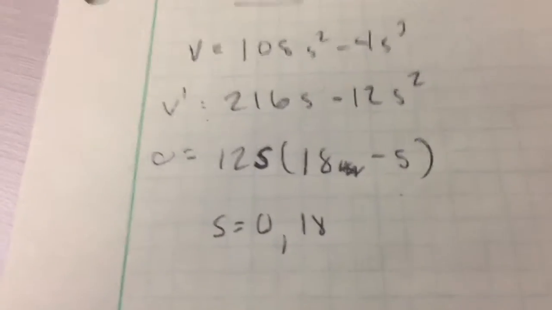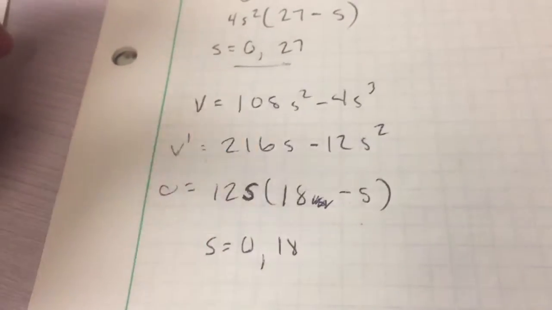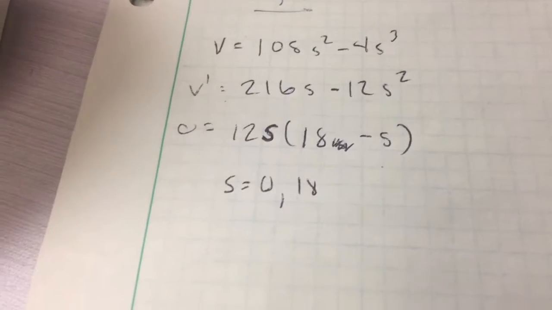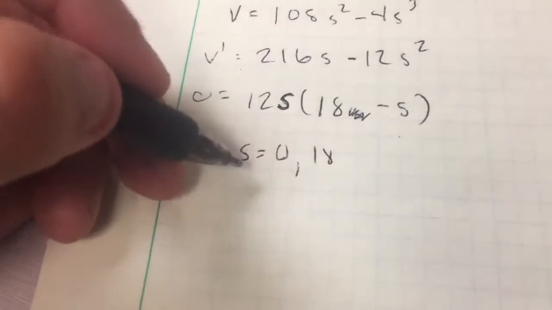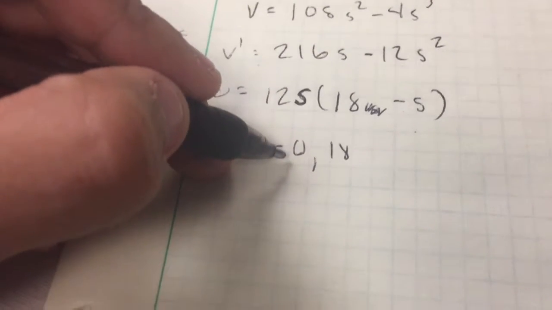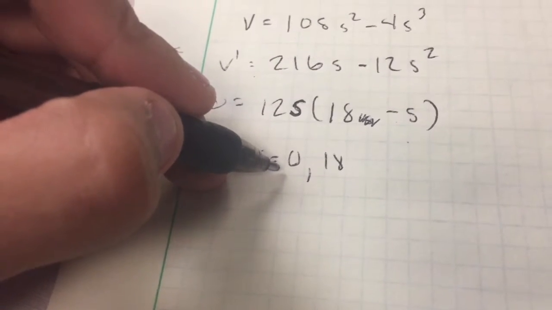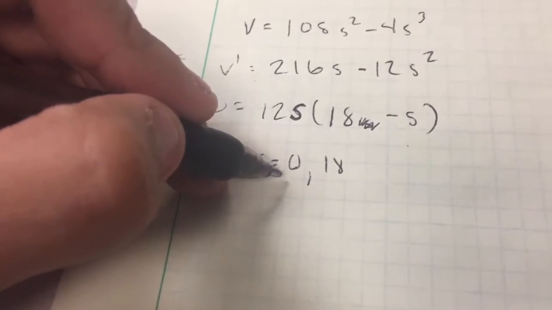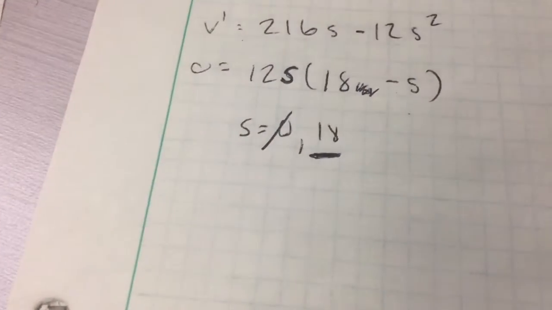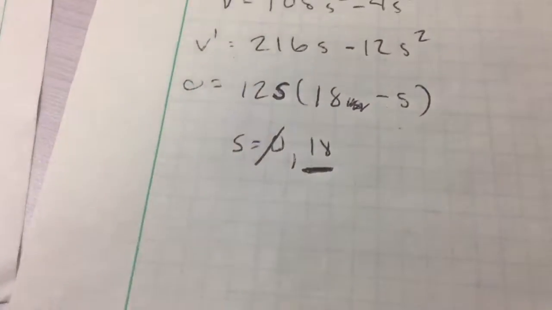So now you can use the second derivative test to find the maximum. You know that since 0 is not a distance, you cannot use that as a critical point. So you can just get rid of 0. So you can use 18 to test for the maximum.